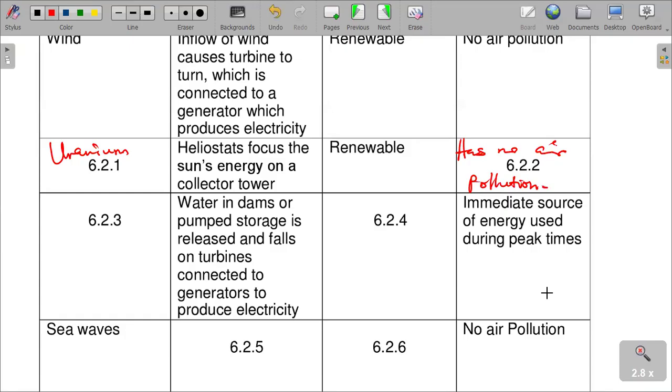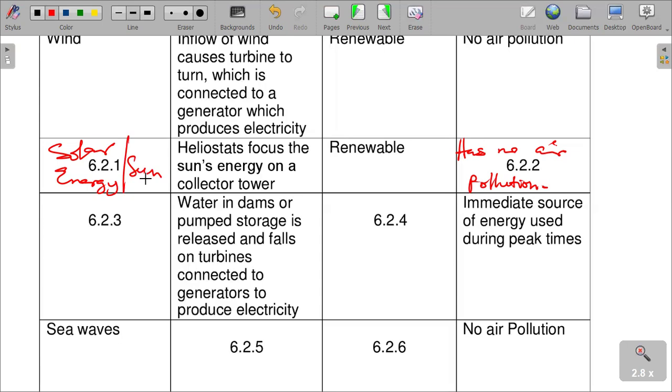6.2.3. So actually here, let me just correct something quickly. We are saying 6.2.1, it is actually the solar energy, or we can just say the sun.